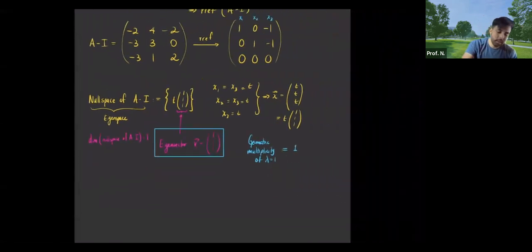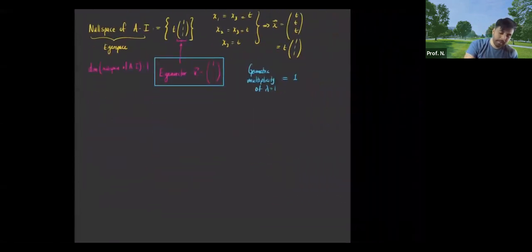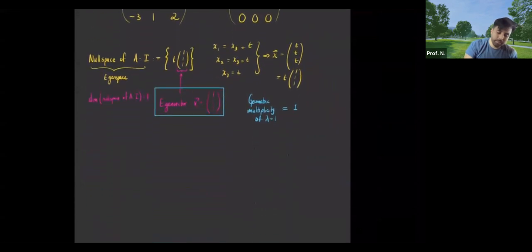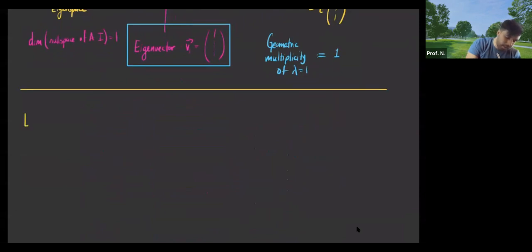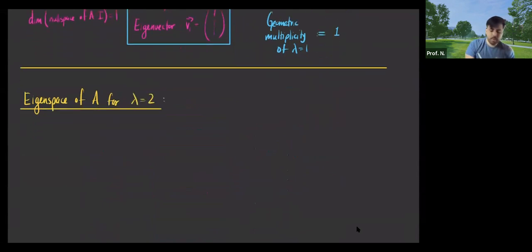Okay, let's get the next one. So to get the next one, I need to look at the eigenspace of A for lambda equaling 2. And what is that?